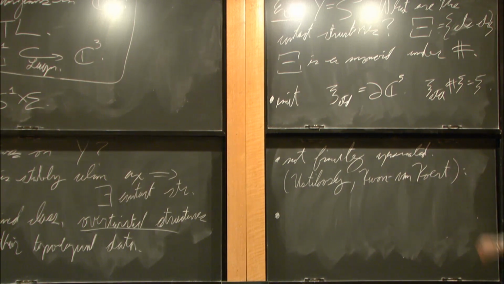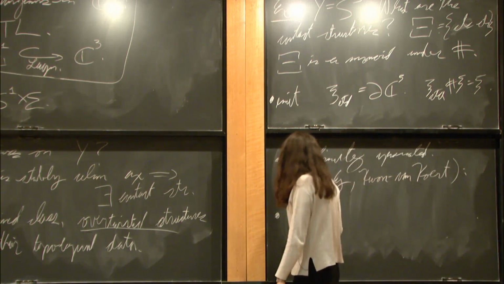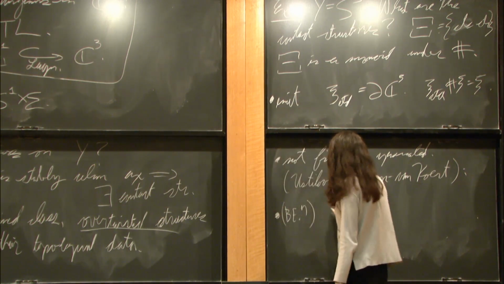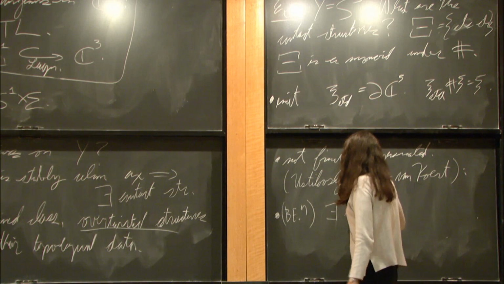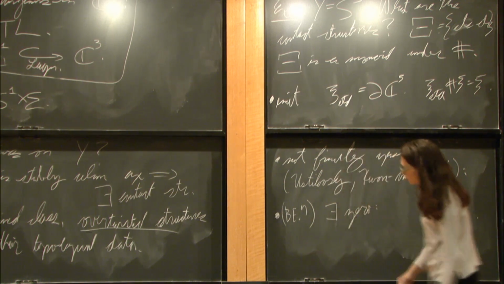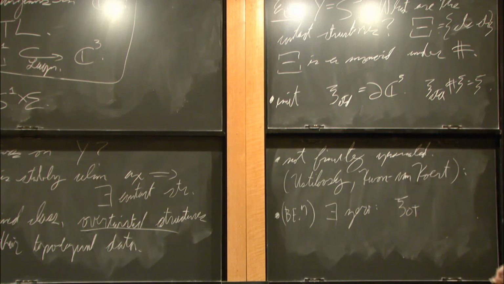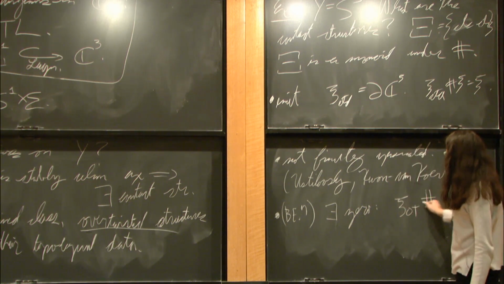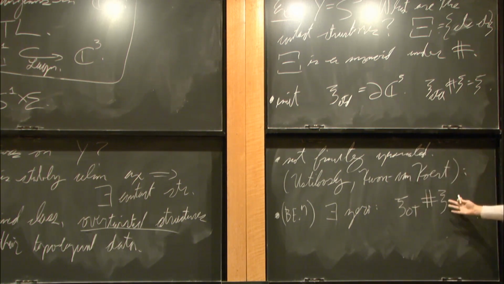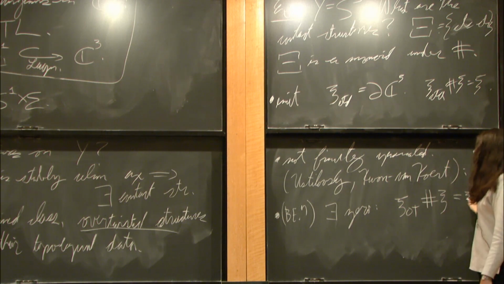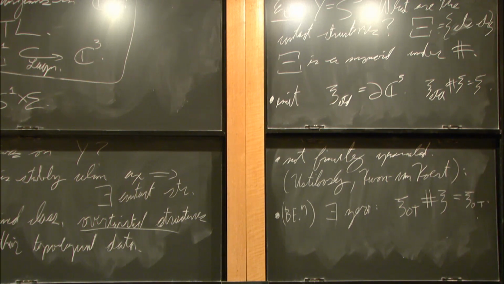But what does overtwistedness tell us? It says that there exists a zero. In other words, we have this Xi overtwisted with the property that if you connect sum anything else, and there's a whole lot of stuff you could connect sum onto it, you just get back this overtwisted thing.